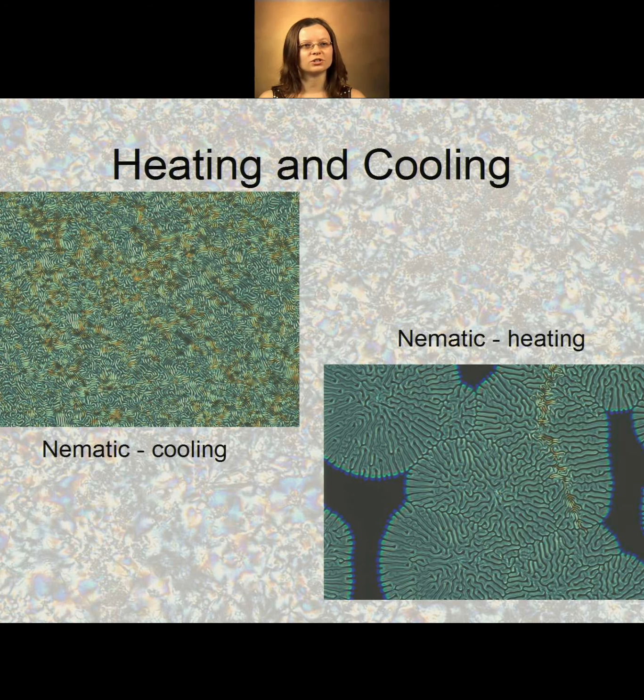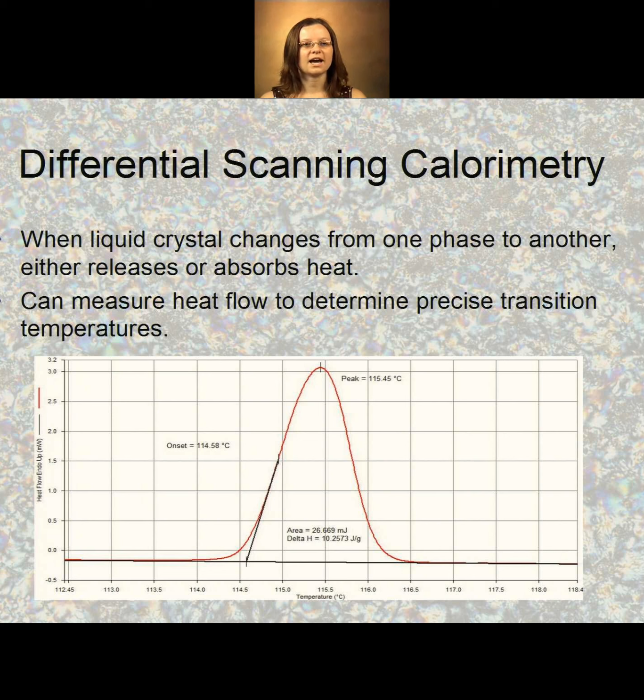So we have to employ another technique to verify phase transitions called differential scanning calorimetry. Now, a calorimeter takes two pans, one reference pan which is empty, and then one sample pan which has some liquid crystal material in it, and tries to maintain the two pans at the same temperature as it heats or cools them. The calorimeter measures the heat flow into the pans versus the temperature.